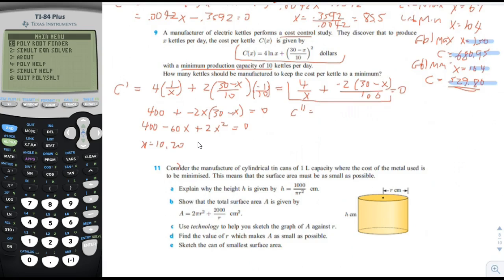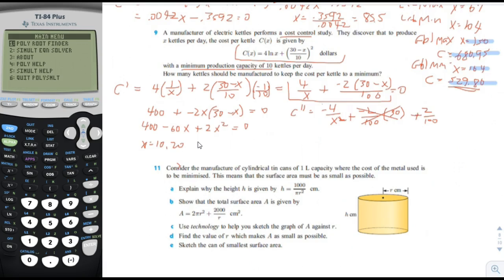So it's going to be negative 4 over x squared, and then the negative 2 over 100 times 30, and then we're going to have negative 2 over 100. Oh, actually, this is just going to go to 0 because when you take the derivative of this, it becomes 0. And then the derivative of negative 2 over 100 times x is going to be plus 2 over 100.